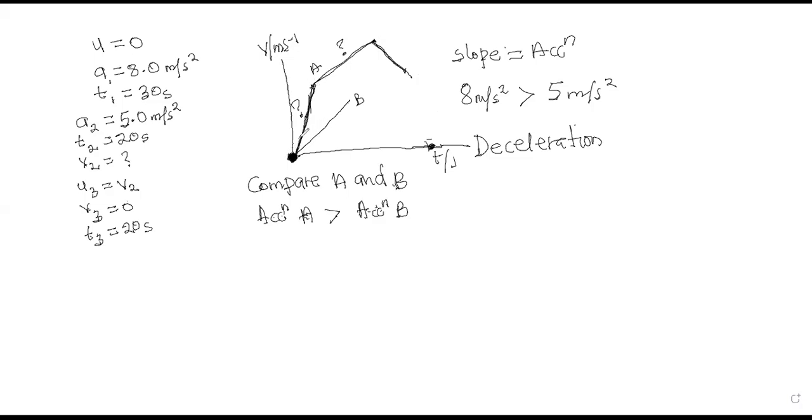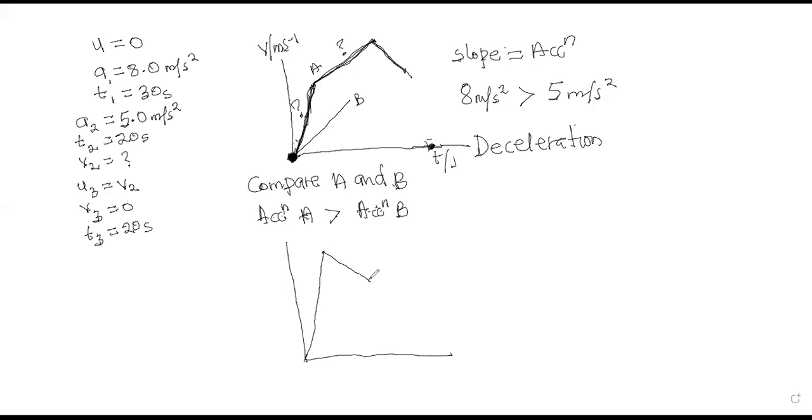If it is reduced, then the slope of A must be greater than the slope of B during the second part. It does not mean that because the acceleration is reduced, it's a deceleration. I'm saying this because I saw most of you plotting this graph like this. When the acceleration was 8, the graph was like this, and when the acceleration was reduced to 5, the graph looks like this.